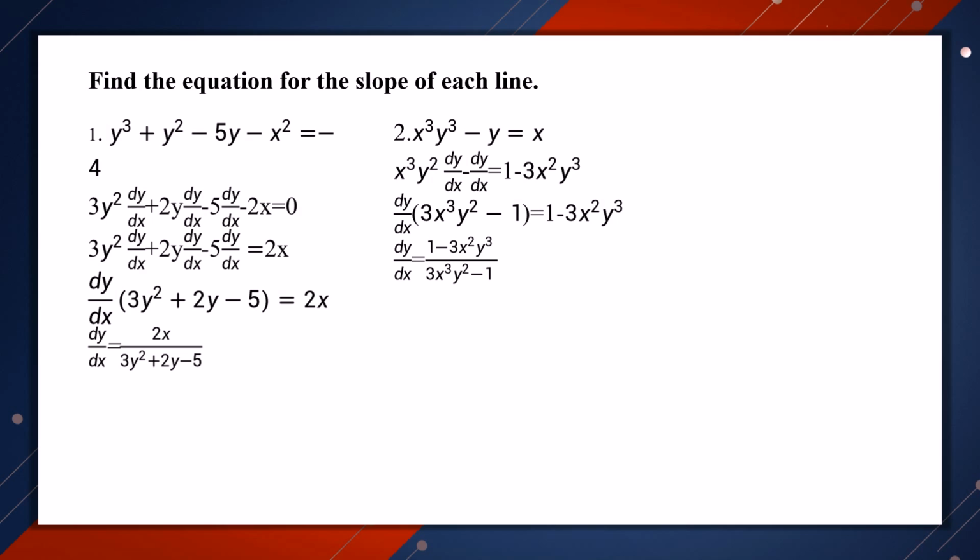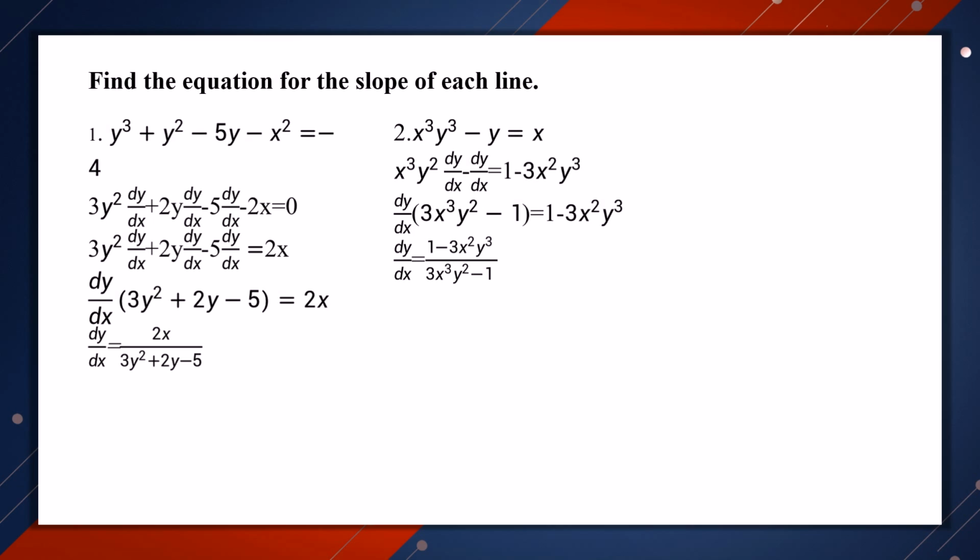The second example is x cubed times y cubed minus x is equal to x. Then we solve it. The first step is 3x squared times y cubed plus x cubed times 3y squared times dy over dx minus dy over dx is equal to 1.